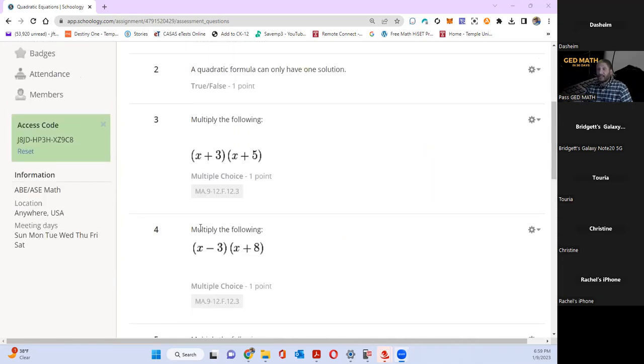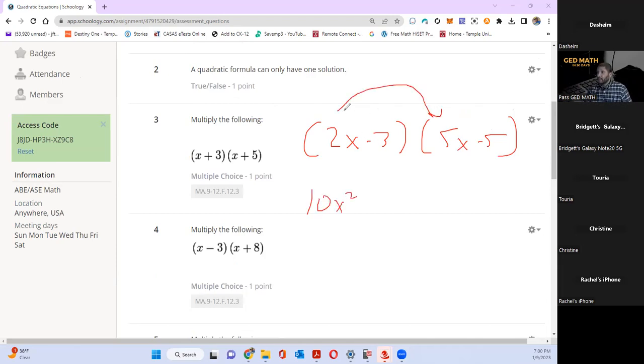On the exam, they're going to have something like 2x minus 3 times 5x minus 5. But it's the same thing. 10x squared minus 10x minus 15x plus 15. You've got 2 like terms.